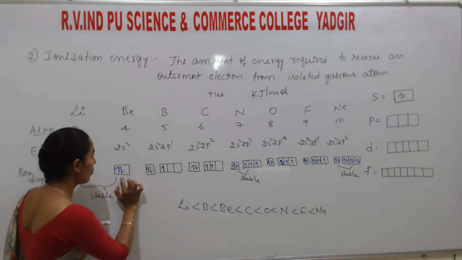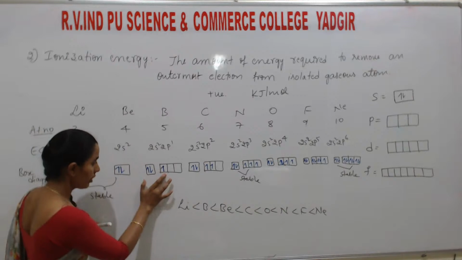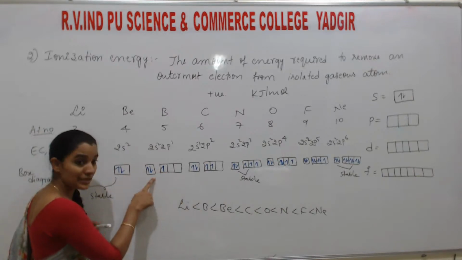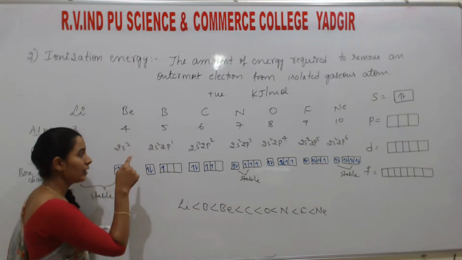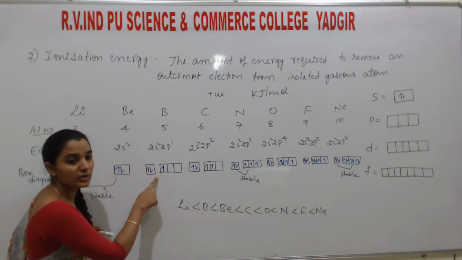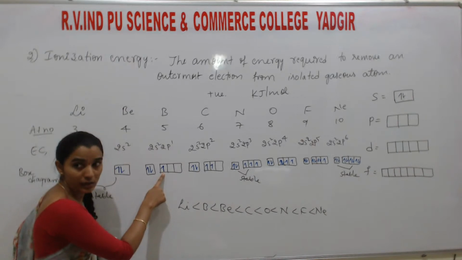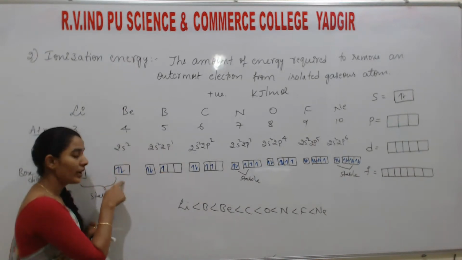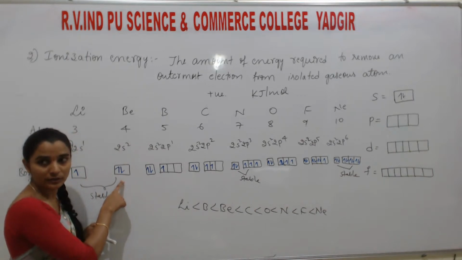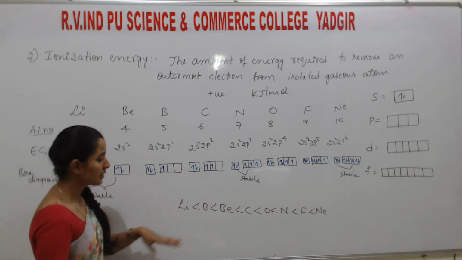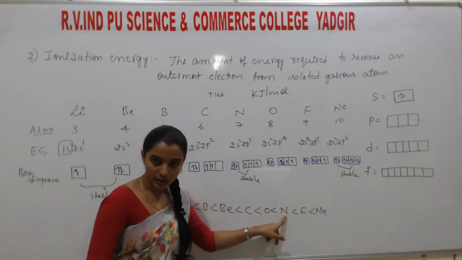That's why, between boron and beryllium, boron has less ionization energy than beryllium. Because in boron the electron is removed from the unstable configuration, and in beryllium the electron is removed from the stable configuration. Understand?